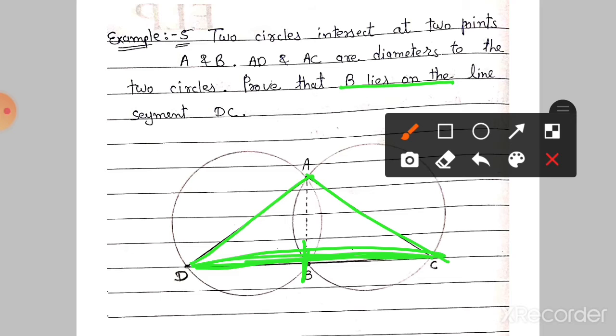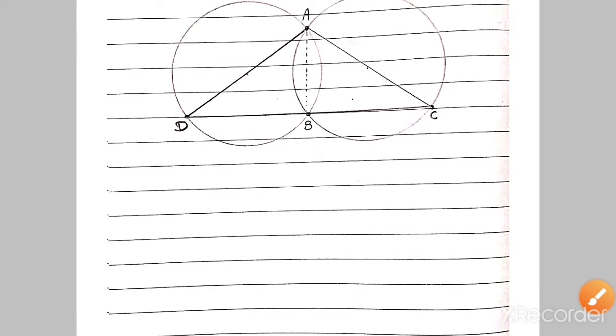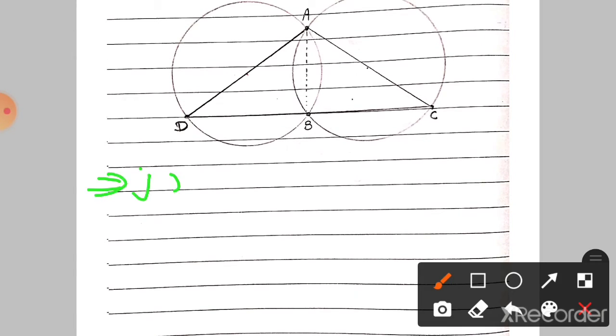So what do we do first? We can join AB first. So write the solution like this. Join AB. So angle ABD and angle ABC both are 90 degrees because it is a semicircle. Correct, students?